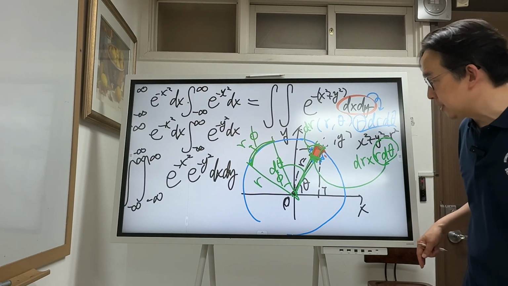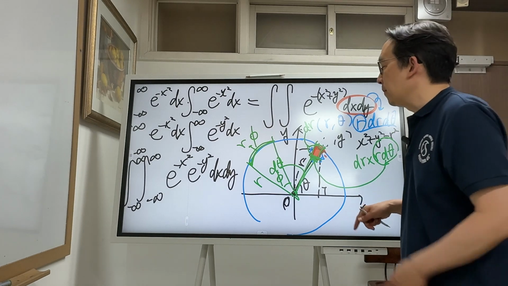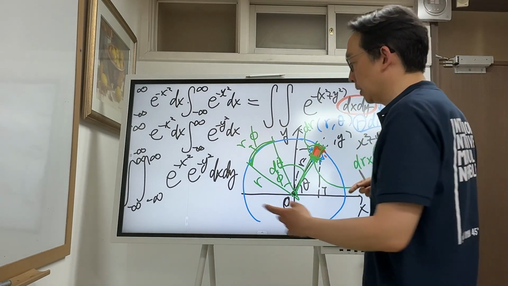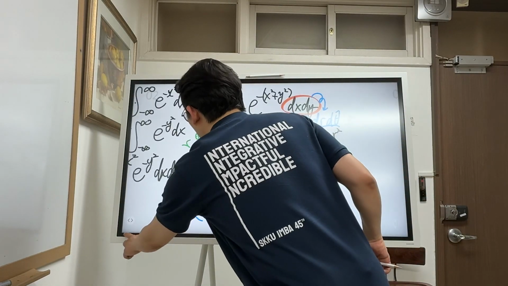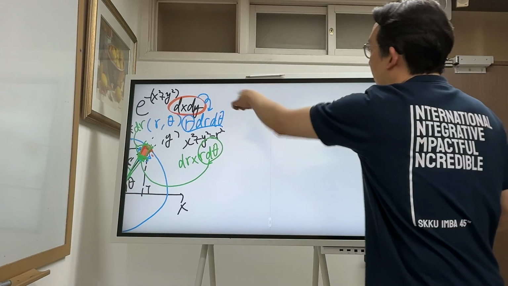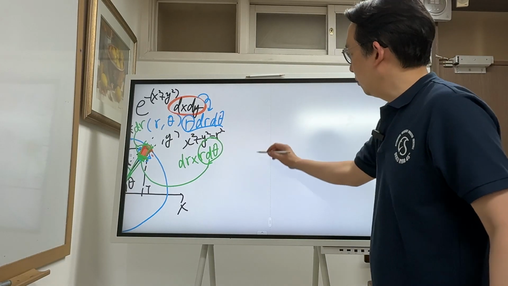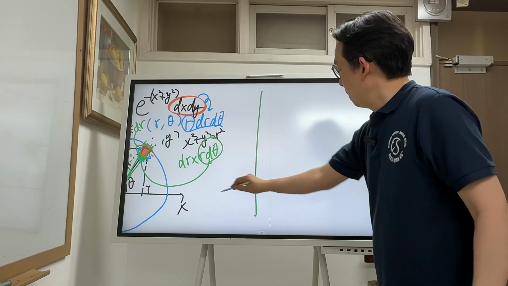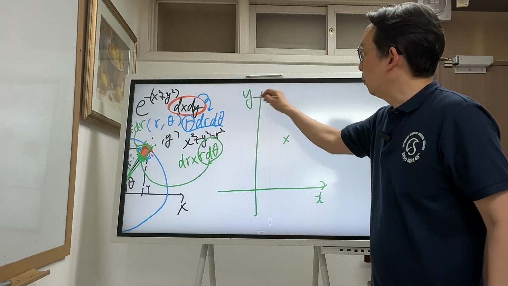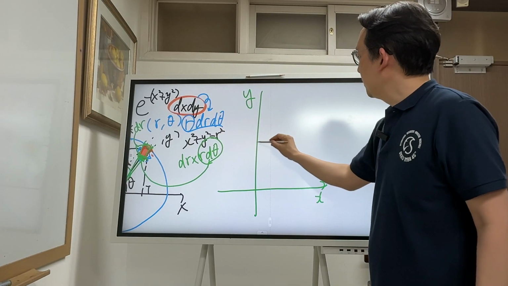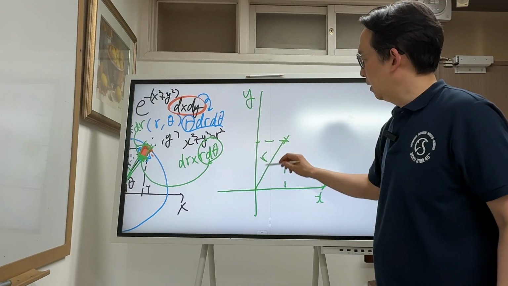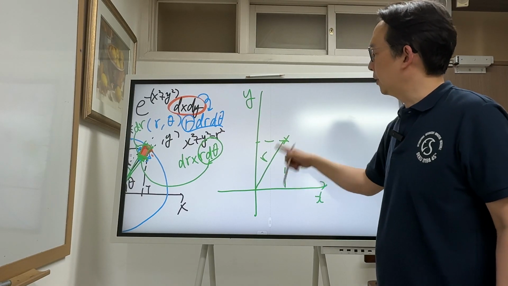Because of the polar system, how should this integrand change is the next question. If you think about any point in x and y coordinates, here's the hypotenuse.